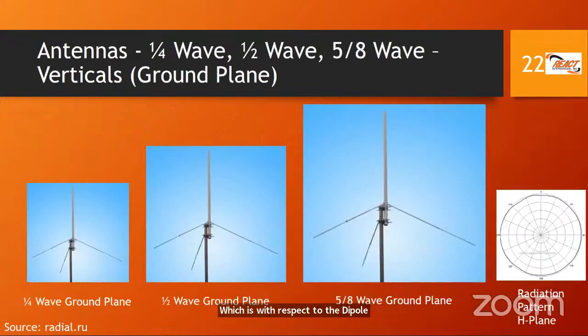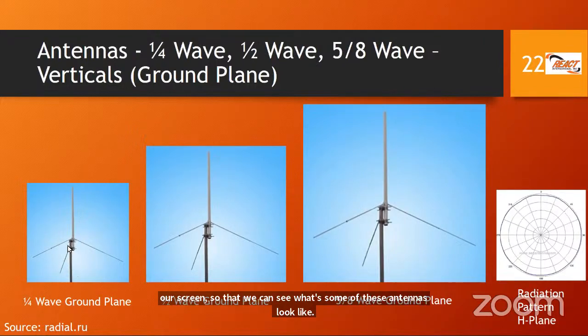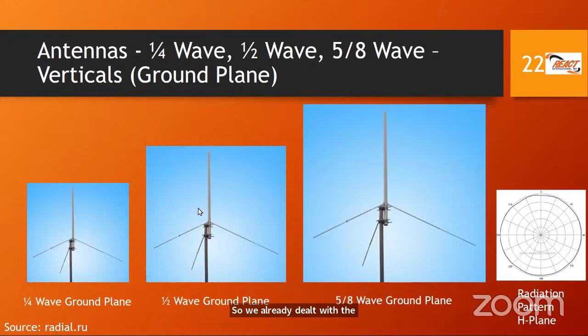All right, so let's put up a couple more antennas here on our screen so that we can see what some of these antennas look like. So we already dealt with the quarter wave vertical, but just bear in mind that we could have a half wave vertical, and we could also have a 5/8 wave vertical, and so on. And what's the difference between the antennas? Well, really the length of this element here. So this from top to bottom of the antenna will be quarter wavelength for whatever the frequency is.